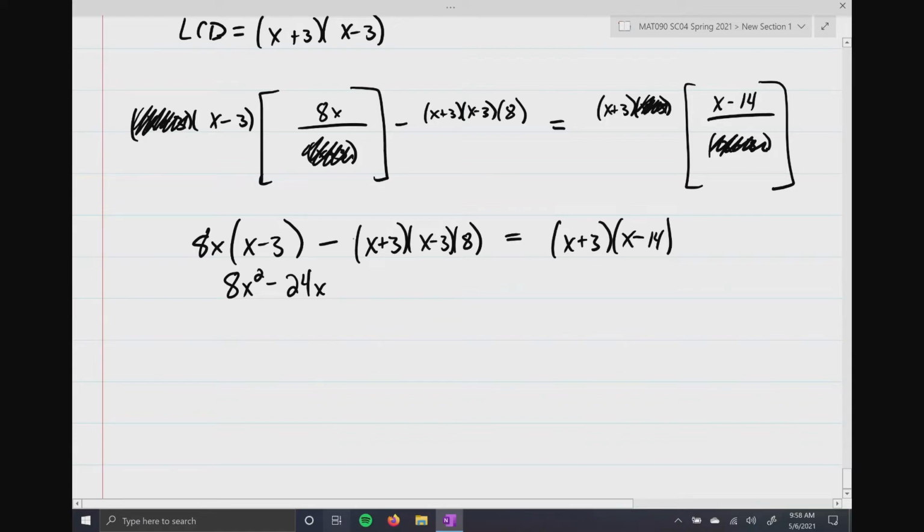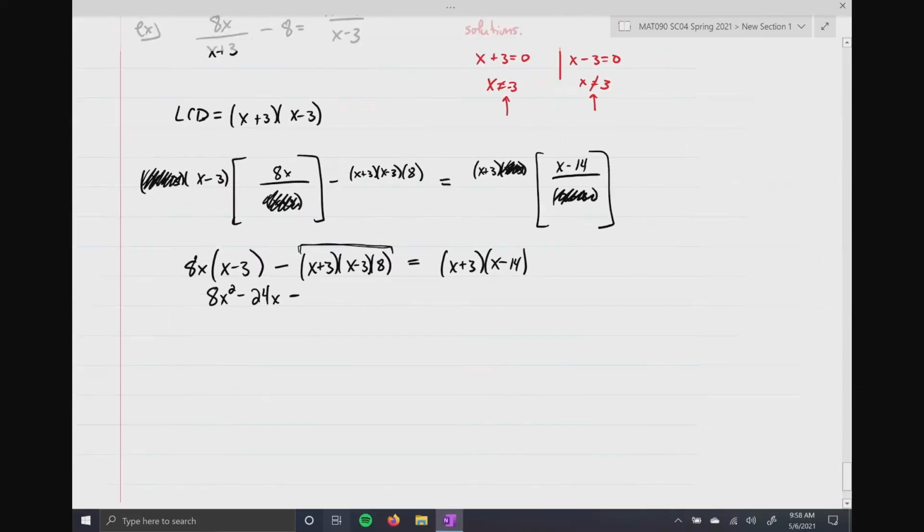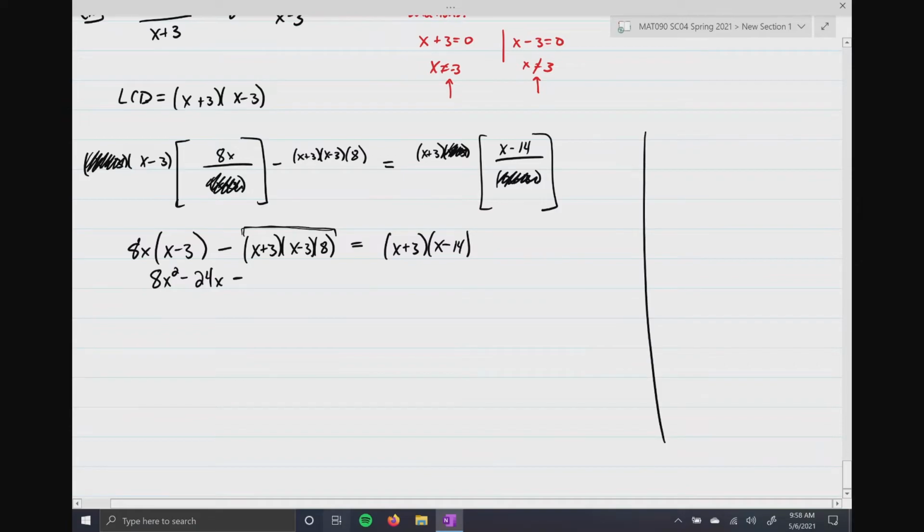Now, in this middle part, x plus 3, x minus 3. I know that is the sum or difference of squares. So that's going to be, and I'm going to do it off to the right here so you can actually see it. X plus 3 times x minus 3 is x squared minus 9.